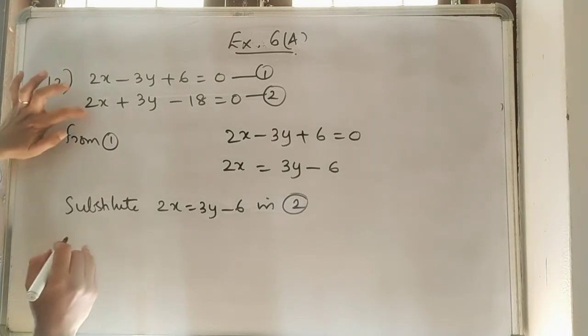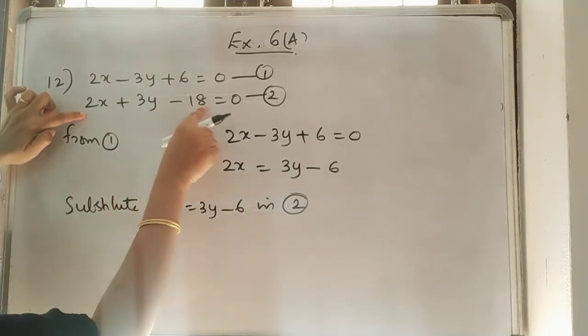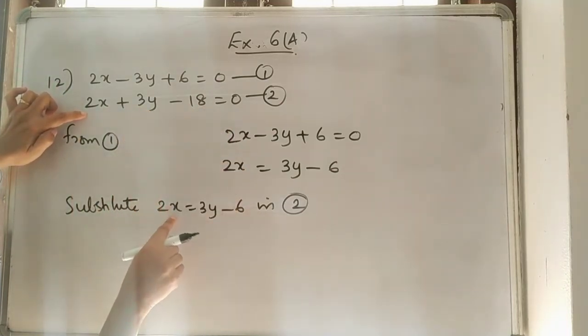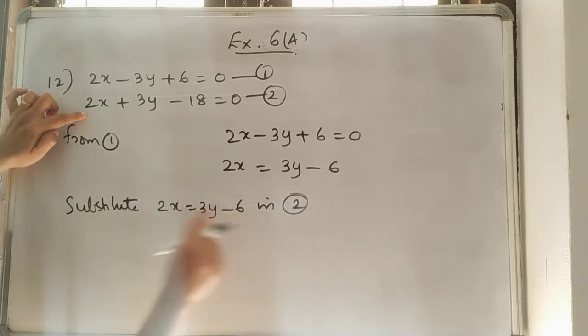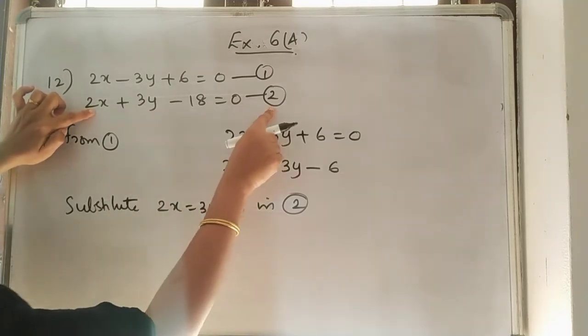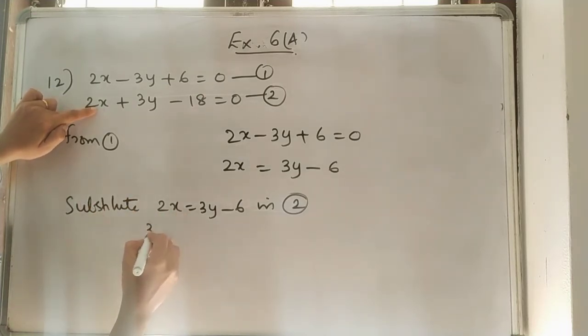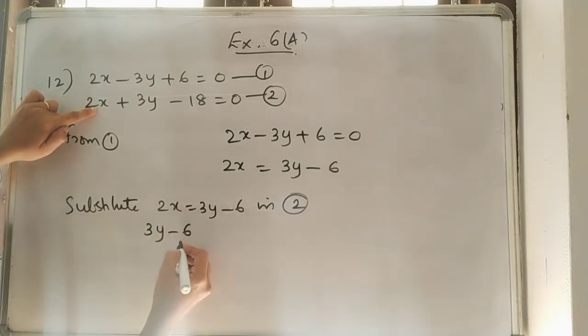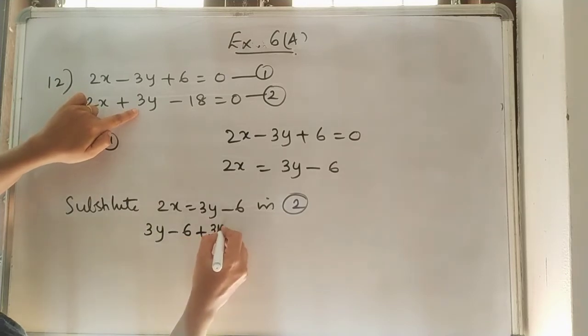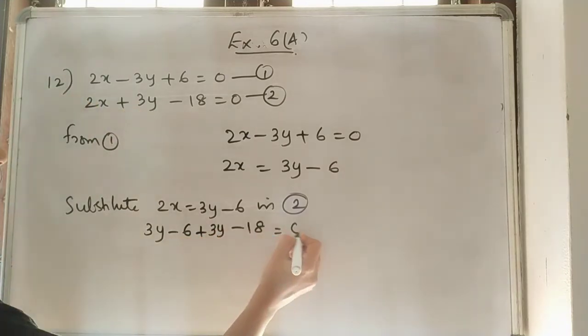What is equation number 2? 2x plus 3y minus 18 is equal to 0. Instead of 2x we write 3y minus 6, then plus 3y minus 18 is equal to 0.